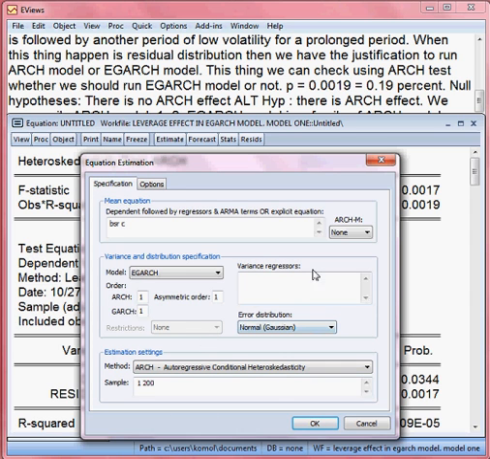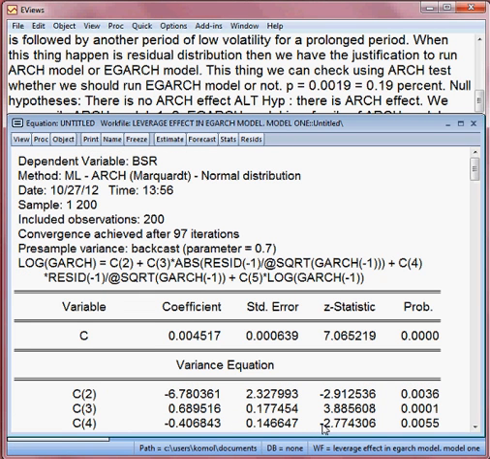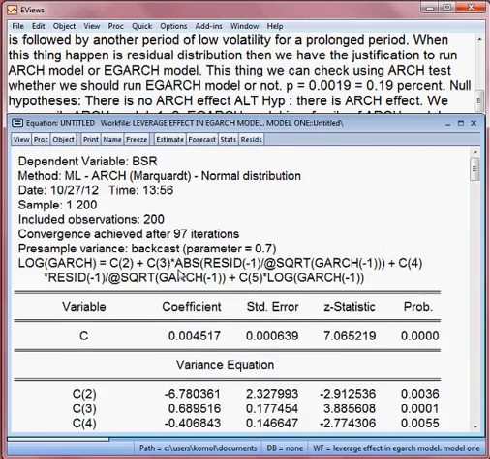Okay, everything is set now. Then I proceed with this model. I click OK. So this is my result, this is my outcome. This is the EGARCH model.